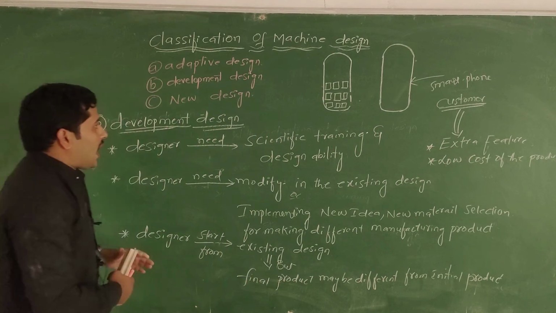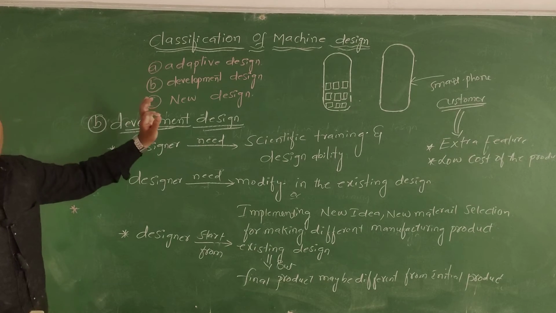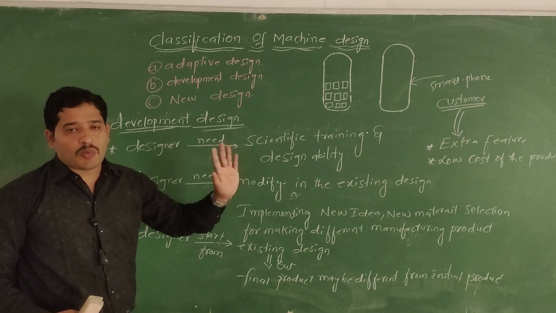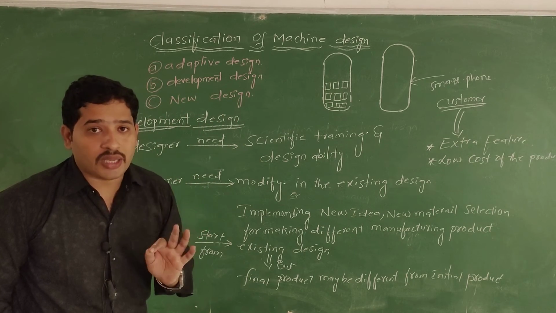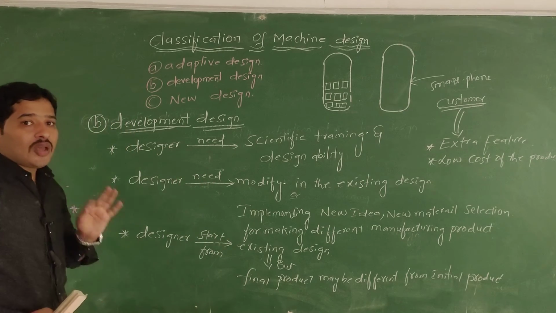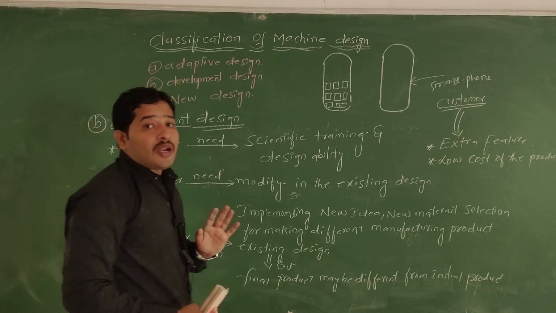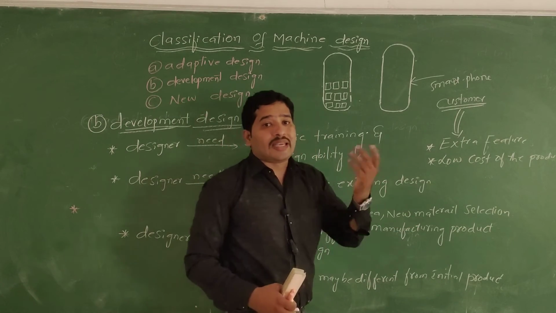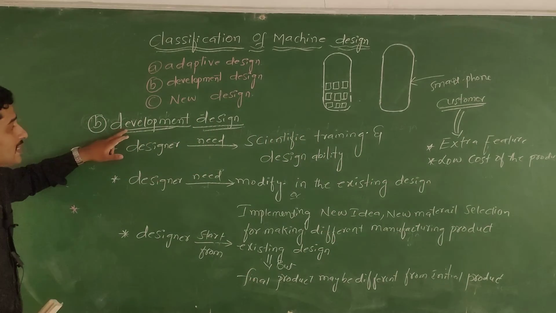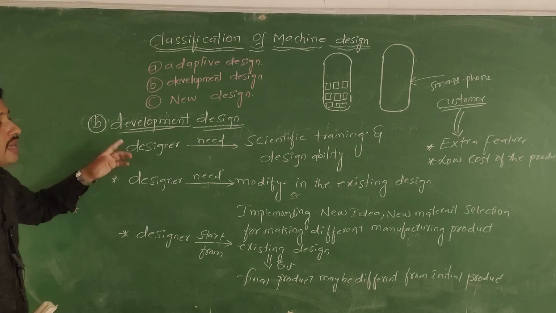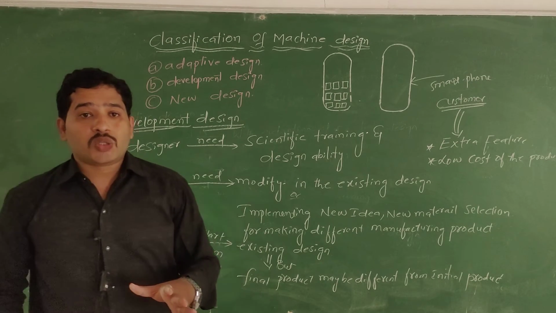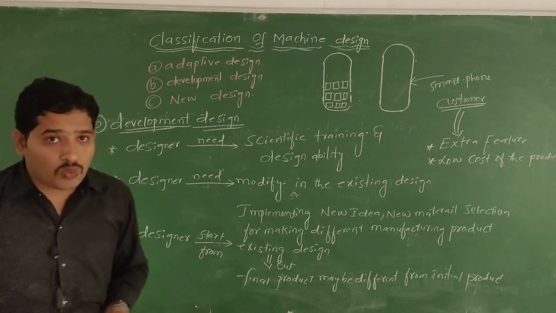Okay, this means that the main intention of the design engineer is to fulfill the requirement of the customer, what the customer wants. If you satisfy the customer, then the demand for your product keeps increasing. So the development design indicates that the designer needs scientific training. So we need to do a lot of research work.